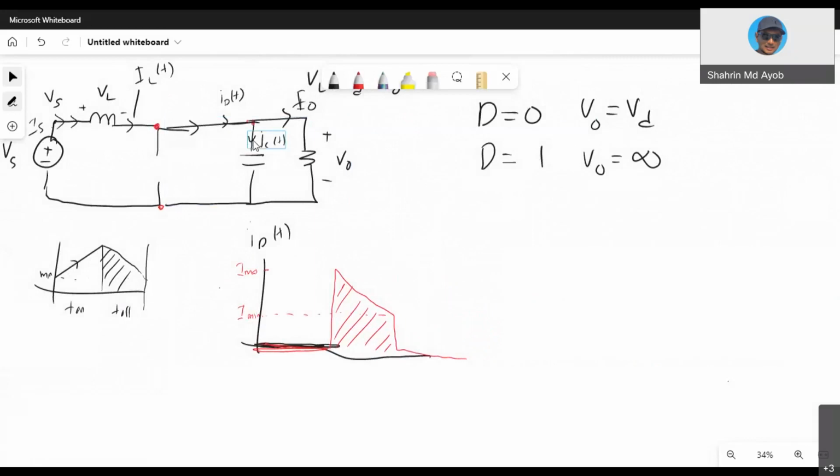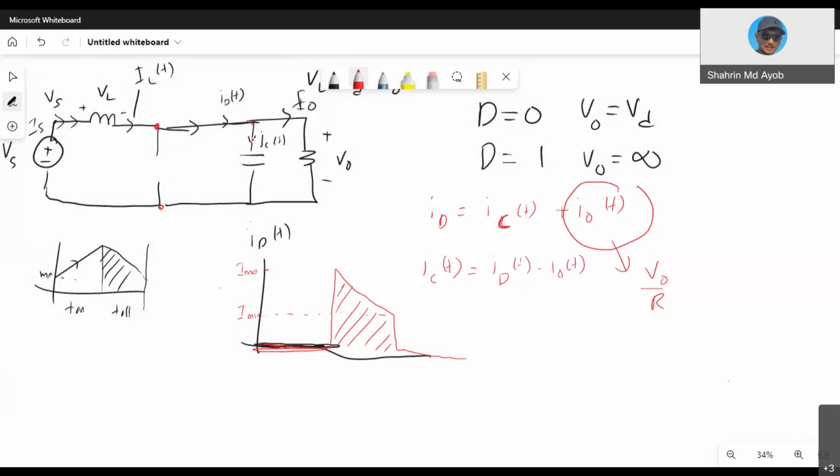Now from here, you know that your I diode is equal to IC plus I out. And we know that I out is only a DC current, right? V out over R. Right? So from this I diode, your I capacitor is I diode minus I out.